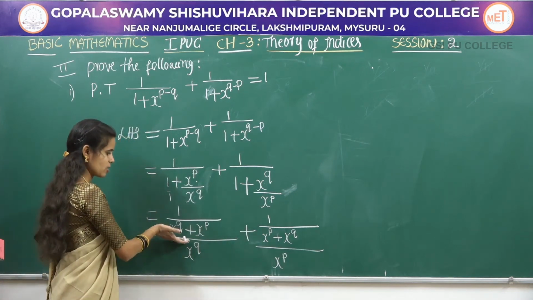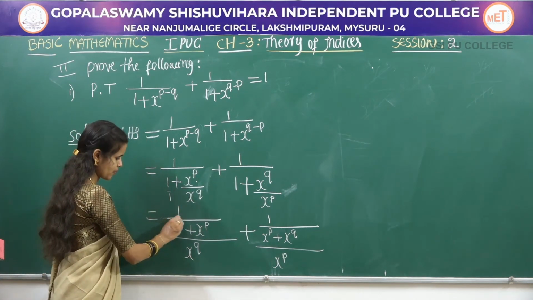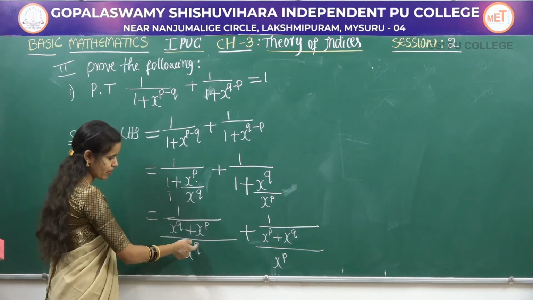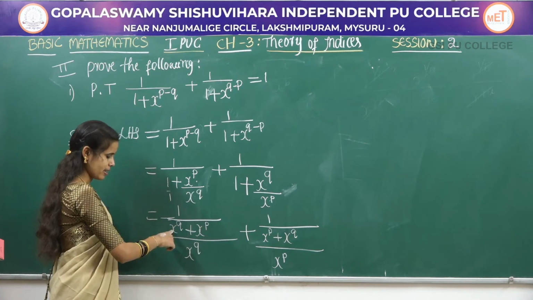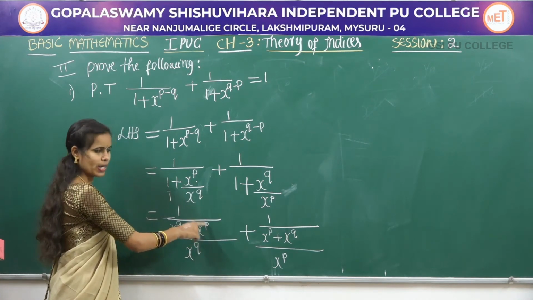So next, take this term into the numerator. It becomes 1 into x to the power of q divided by x to the power of q plus x to the power of p.